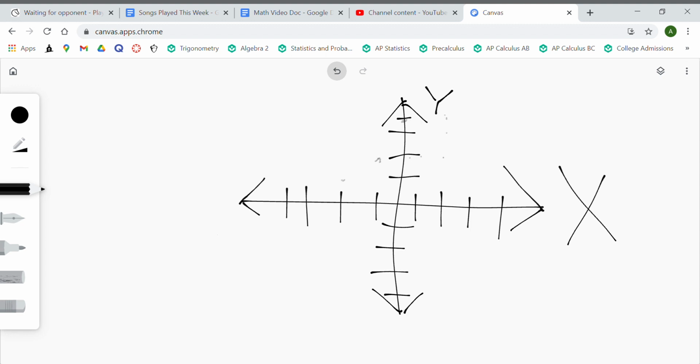So I'm going to mark this point here with the actual pen, and then 3 units to the right for this point is 1, 2, 3, and then we go up, and then we go up 1, 2. And so there's our graph there.